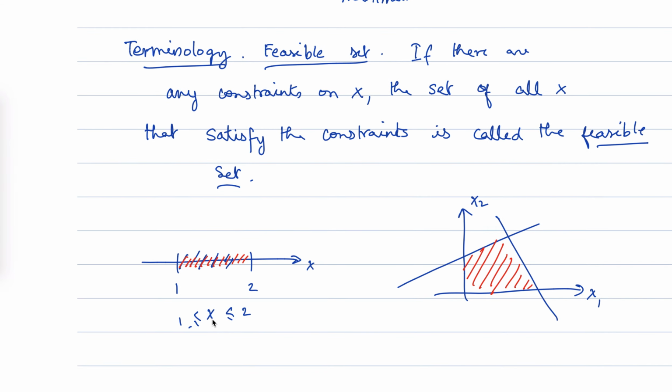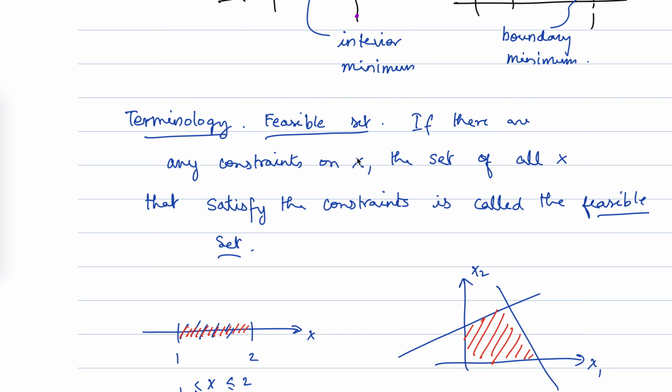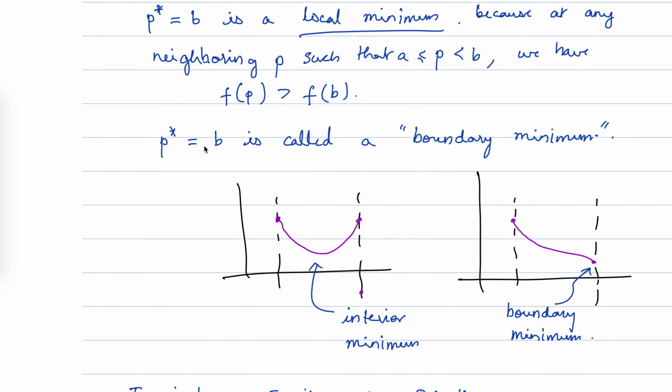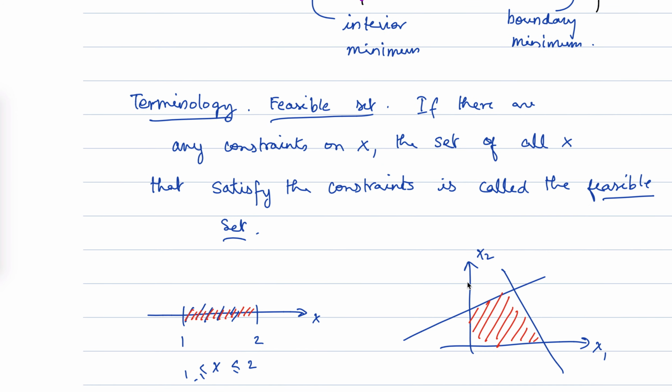So if you say x is between 1 and 2, then that's a feasible set. If you have x1 and x2 and their values are bounded in this region, then that's a feasible set, and so on. Whatever values of your unknown parameters satisfy all the constraints of the problem are called the feasible set. Here I really mean p, the same p we've been using before. I seem to have just switched it to x here briefly, but p should be fine.